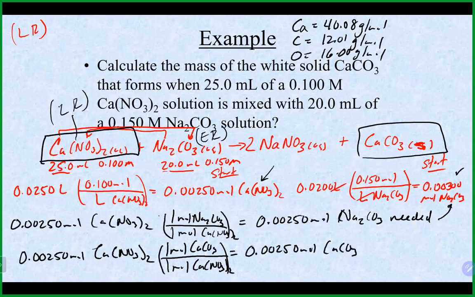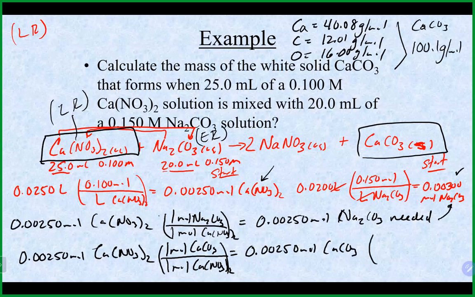At this point, I then want to convert it to grams because that's what I'm looking for. So I want the molar mass of calcium carbonate that I could get from the periodic table here. So that's going to be 40.08 plus 12.01 plus 3 times 16. It's going to give me 100.1 grams per mole as my molar mass.